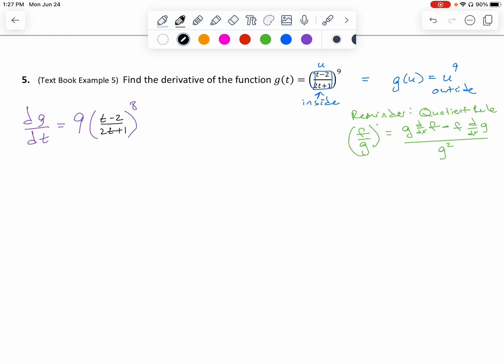And then on the outside, that's when I multiply it by the derivative of the inside.